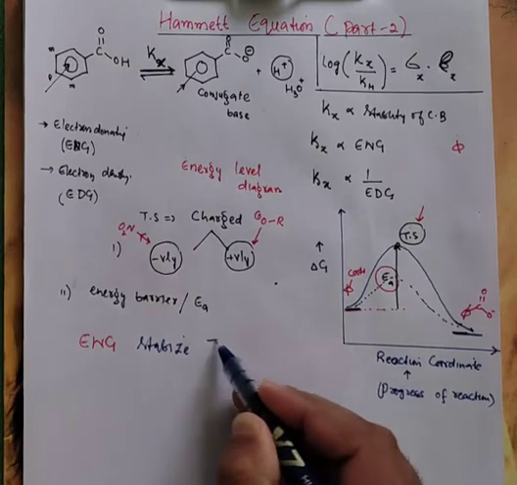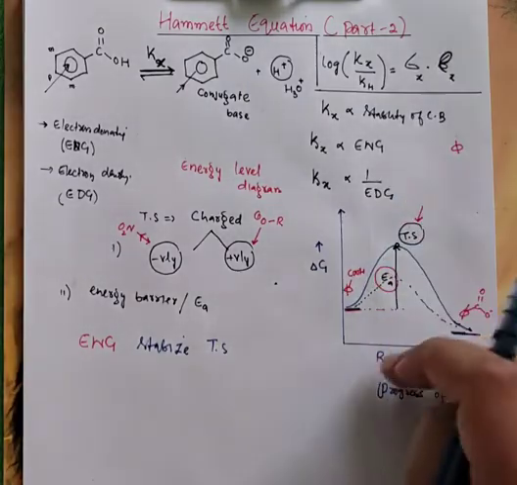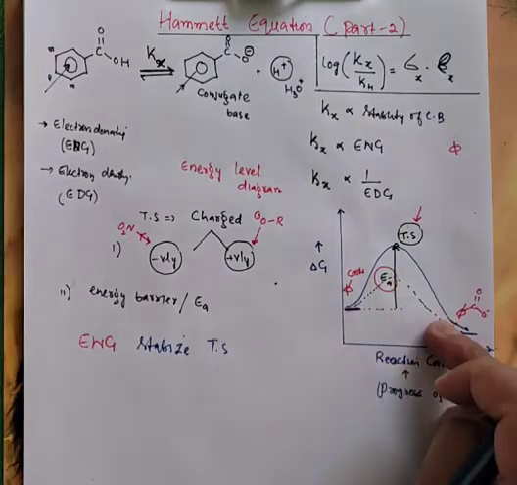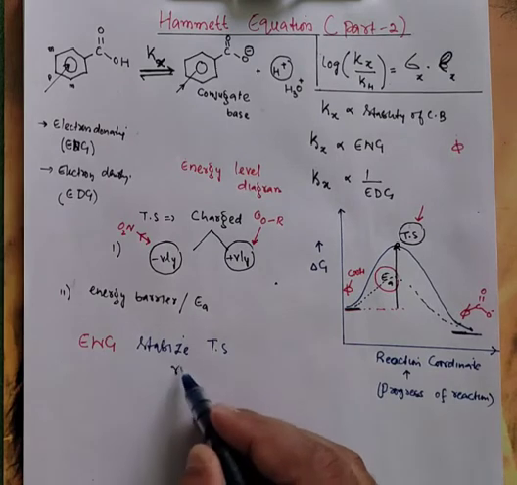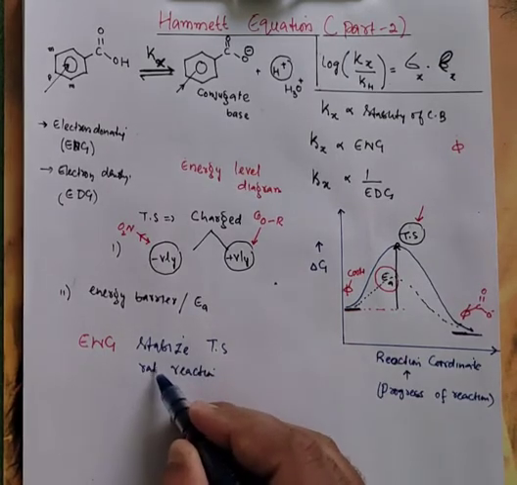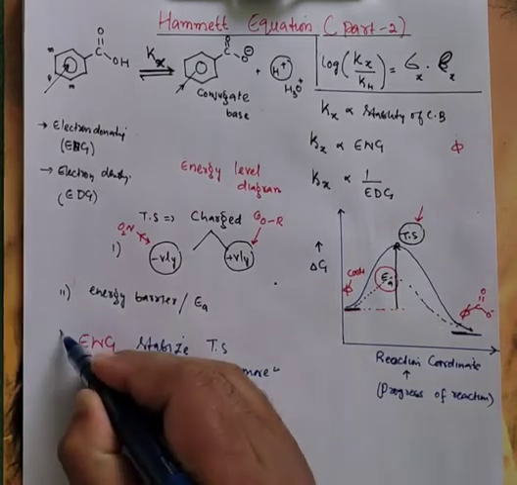Stabilize means the energy will come down. When energy goes down, let's say it follows this path, the rate of reaction becomes faster. So the rate of reaction is more. This is point number one.